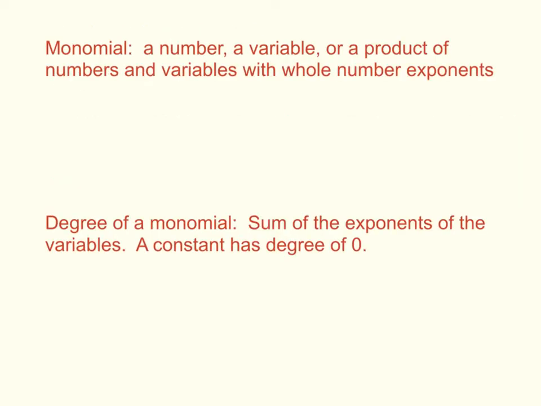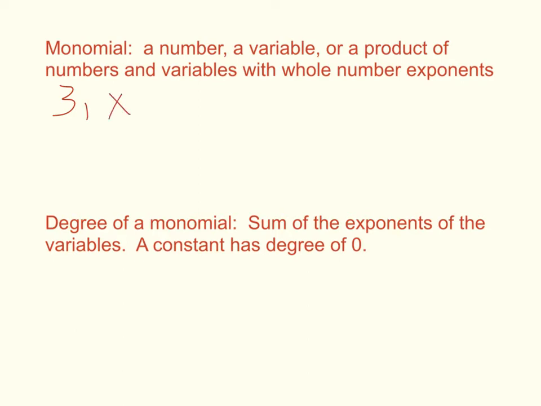Now, a monomial is a number, a variable, or a product of a number and variable with whole number exponents. So for example, a monomial means mono, single. So the number 3, that is a monomial.